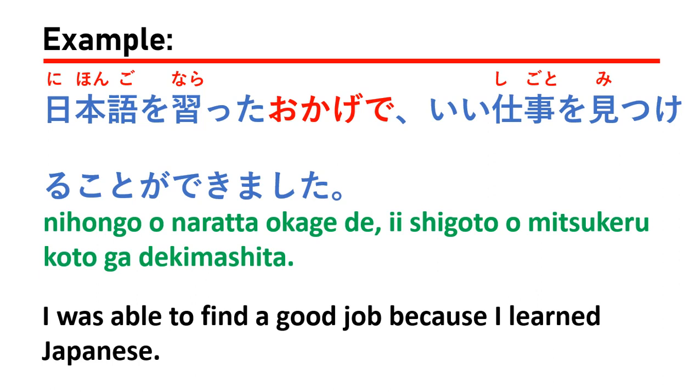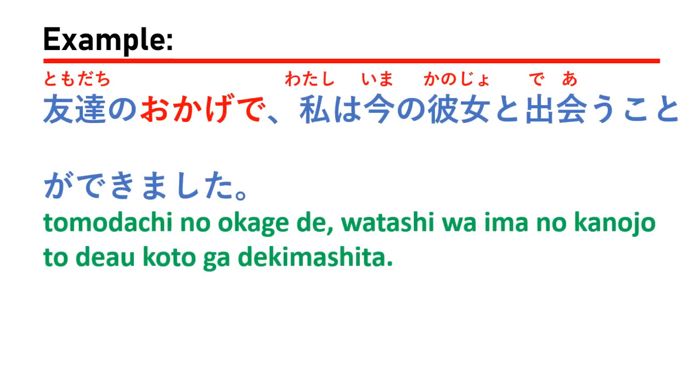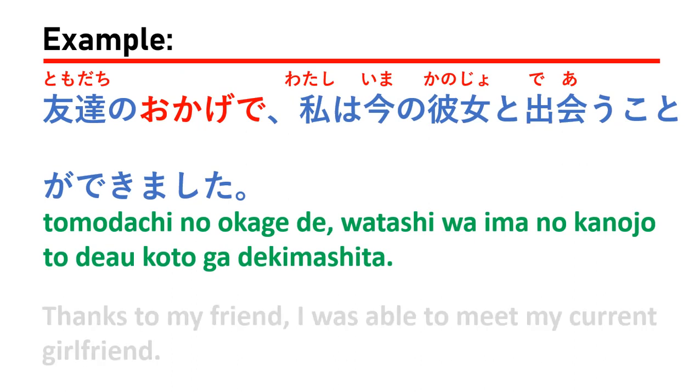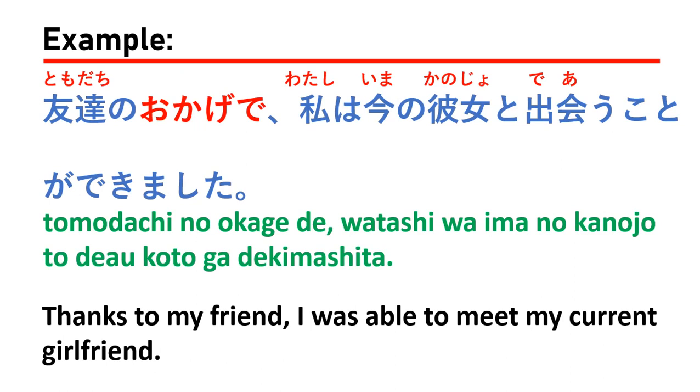The next one: 友達のおかげで私は今の彼女と出会うことができました。That means thanks to my friends, I was able to meet my current girlfriend.